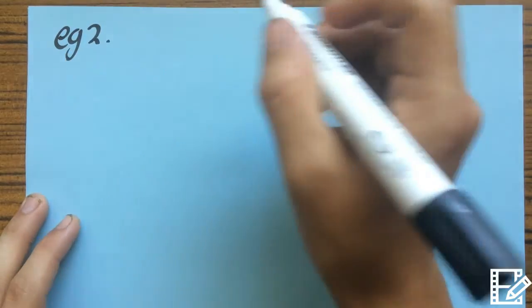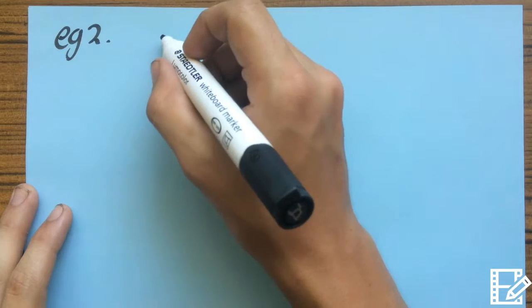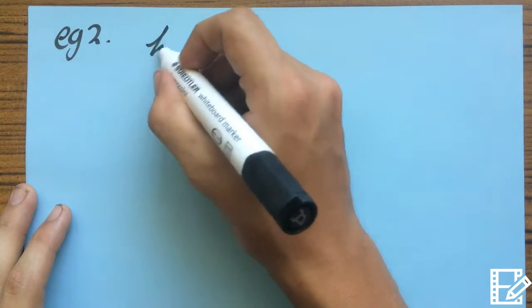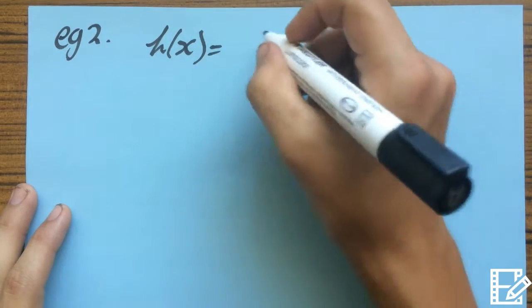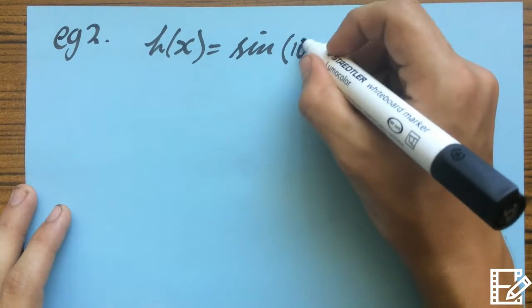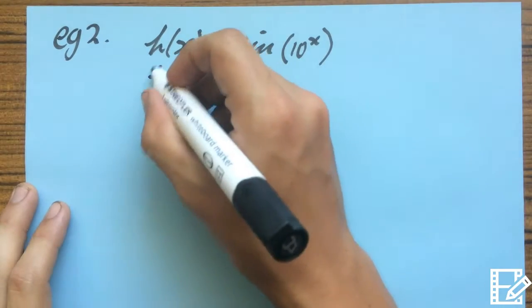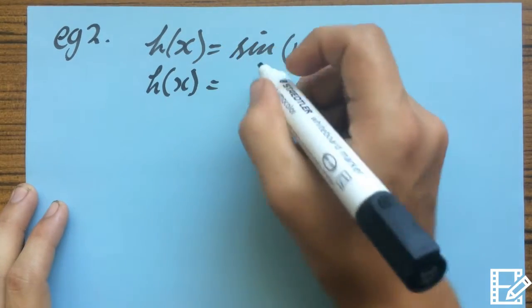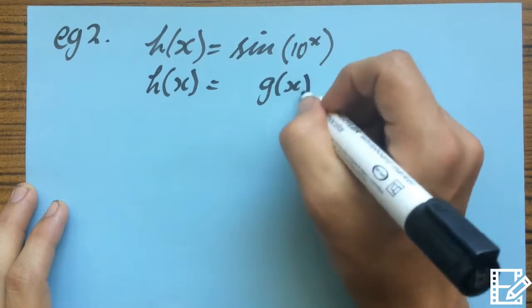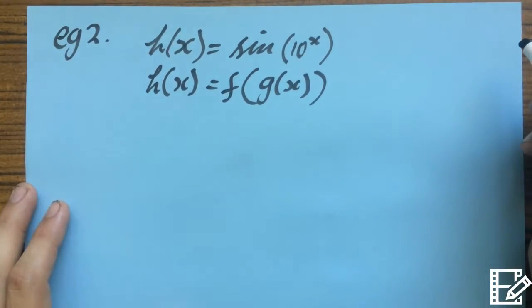Let's start with an example for the chain rule. So, let's say we have h(x) equals sine of 10 to the power of x. So here we have a function g(x) within the function f of g(x).